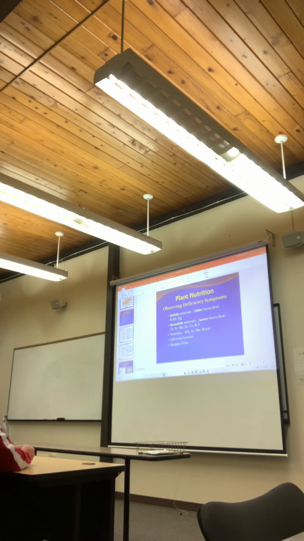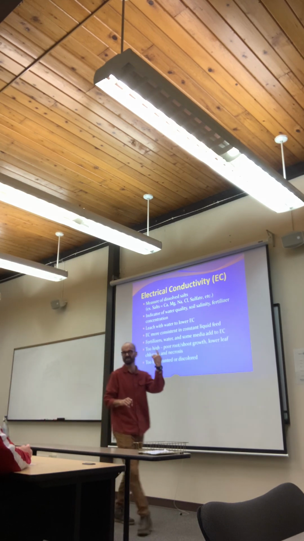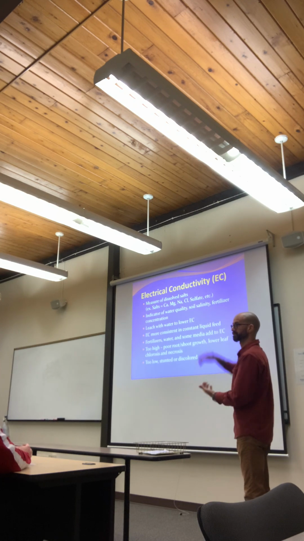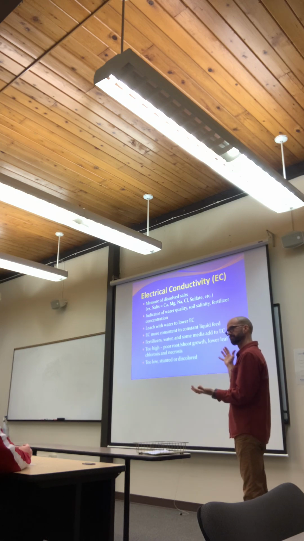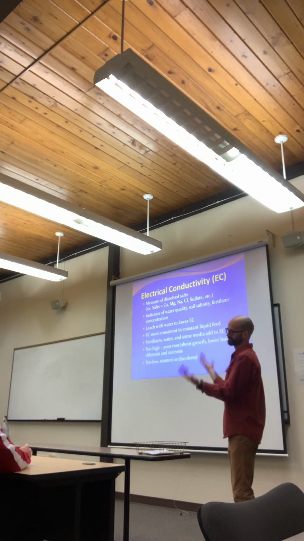But as far as nutrition goes, important things are, I already talked about new leaves, old leaves, mobile and immobile nutrients. That's a definite. What's EC? Electrical conductivity, which is a measure of total salts in the solution, which tells you something about nutrient volume, amount, but not specifically that you're low in phosphorus.